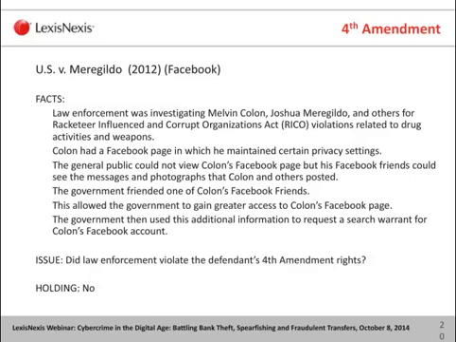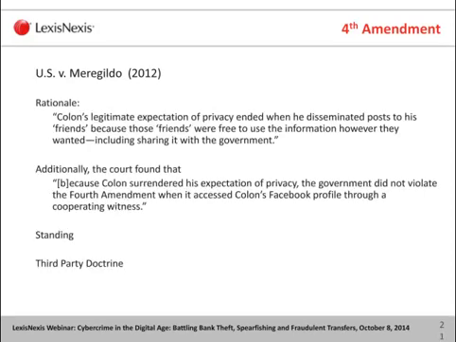And so Cologne then challenged his conviction. He did a motion to suppress. He argued that what the government did violated his Fourth Amendment rights. He said the government should have got a warrant immediately, not gone to his Facebook friend.